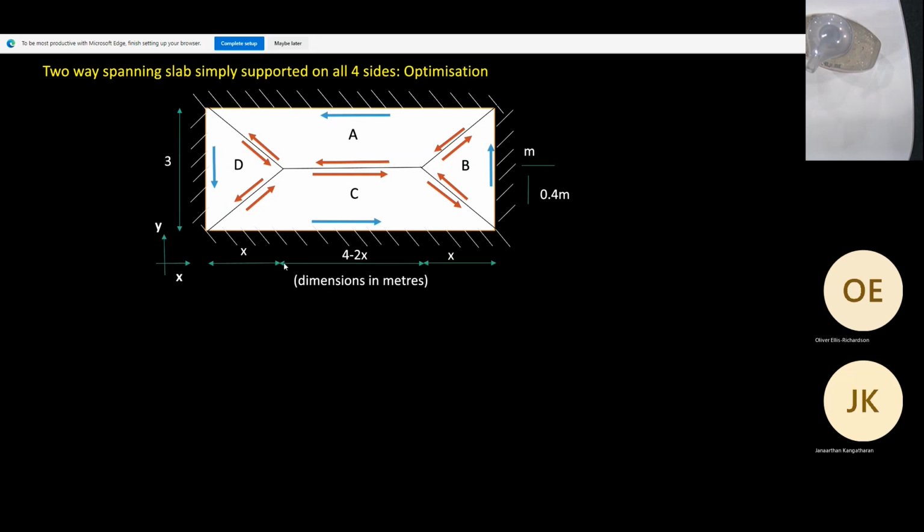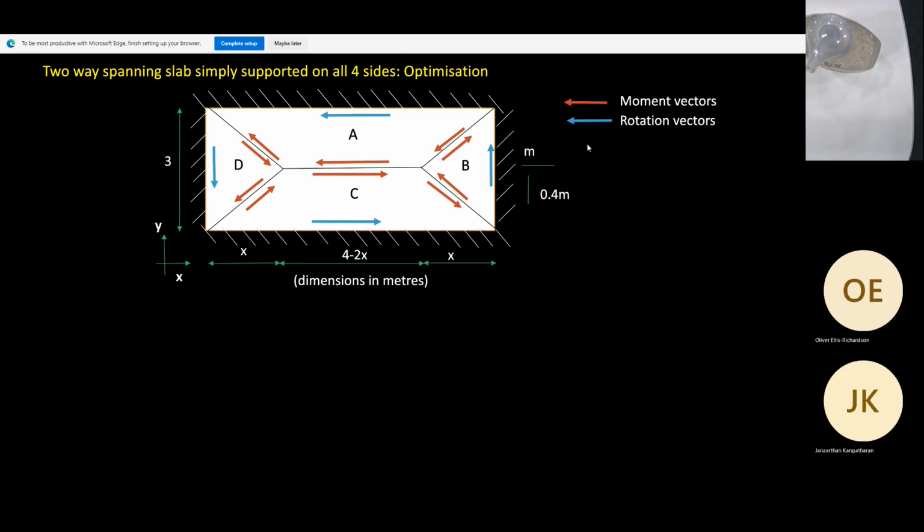So that's the question: what is the optimum value of x to give us an optimum solution for m, okay? So I'll go over this very quickly for those of you who missed it, okay?